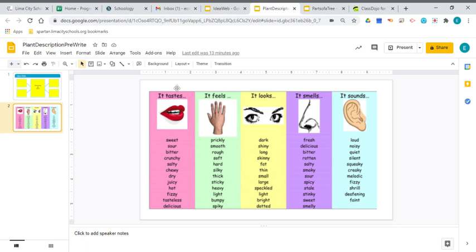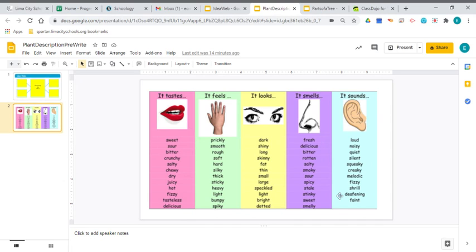Now, you probably won't use any under taste because you aren't going to taste your plant, and you're probably not going to do anything under sound because your plant's not going to make any noise. But you can think about how your plant might feel, how your plant might look, and how your plant might smell, because we did do flowers. So you could talk about how your plant would smell.